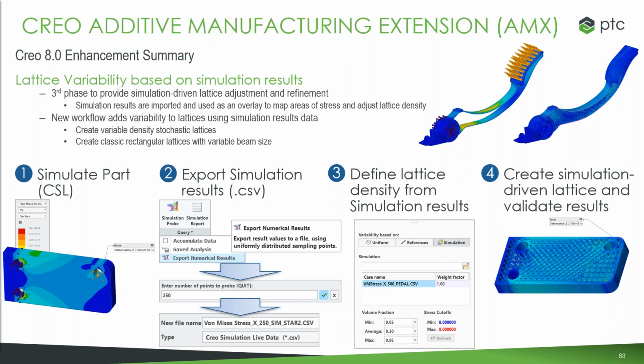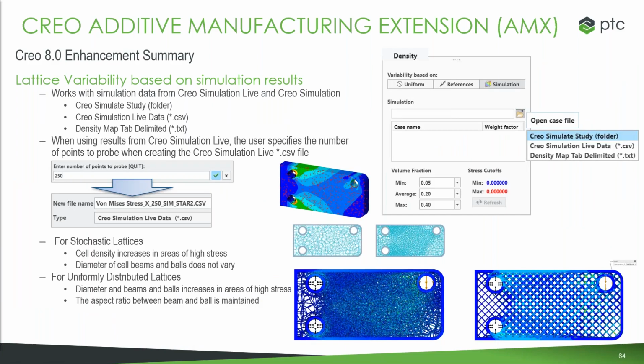Okay, so here we can see that we've got our lattice feature. There's some variability. It's a bit hard to see in the screenshot, but we'll see in Imran's demonstration later how that works. And then we can validate to make sure that it meets the requirements. You can get different results depending on the types of lattices you're building.